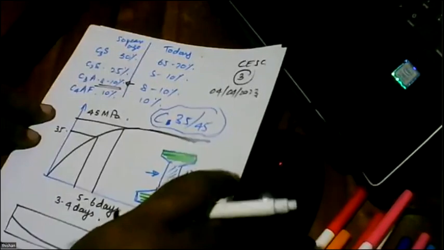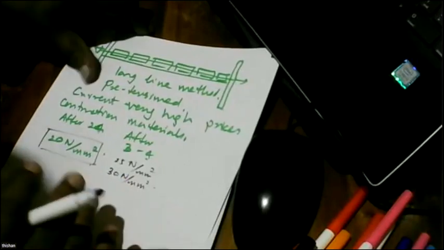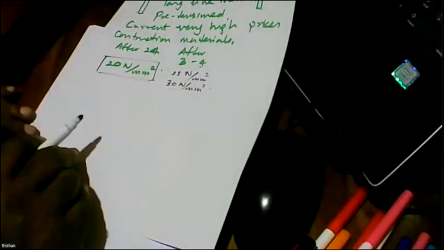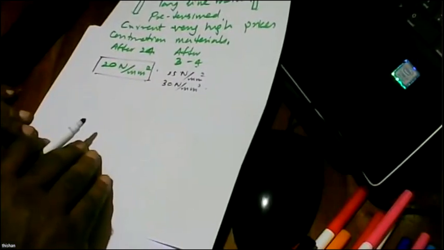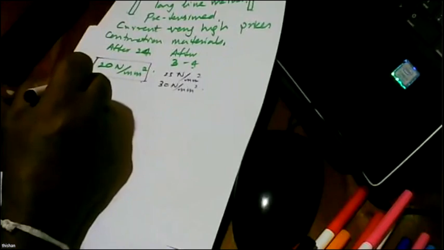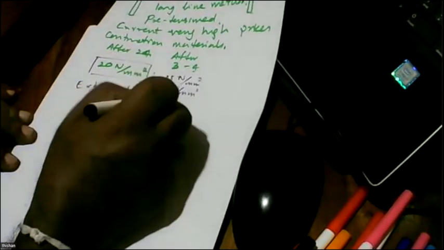So if you are asking for very high strength in the specification as a consultant, always get some idea about the concrete technology and go for some reasonable values. And especially the most important thing is, if you want extremely high strengths at a very early stage, you must go for steam curing.